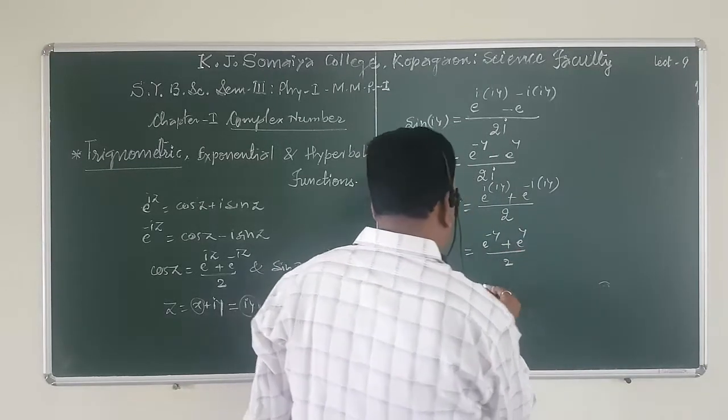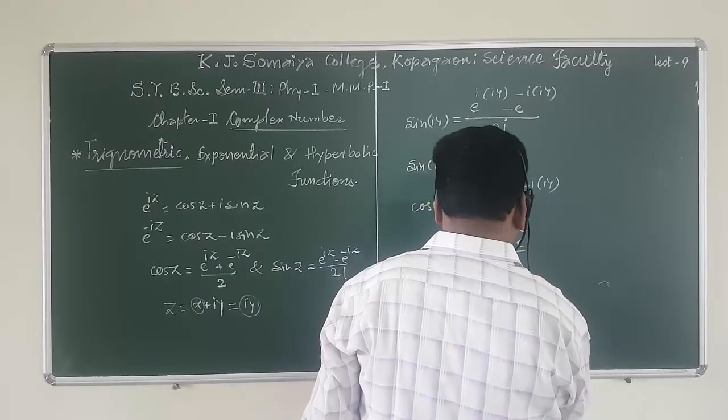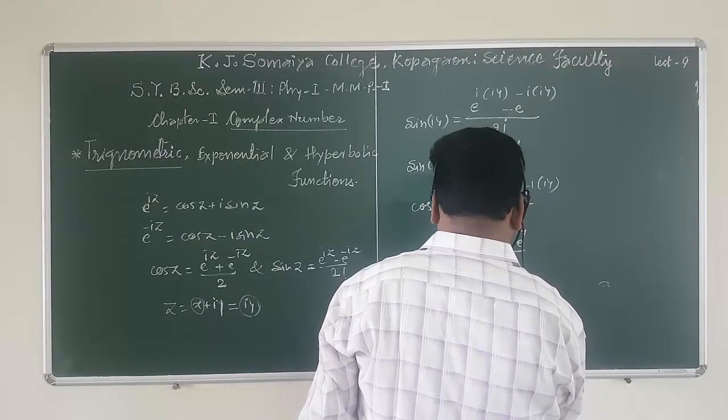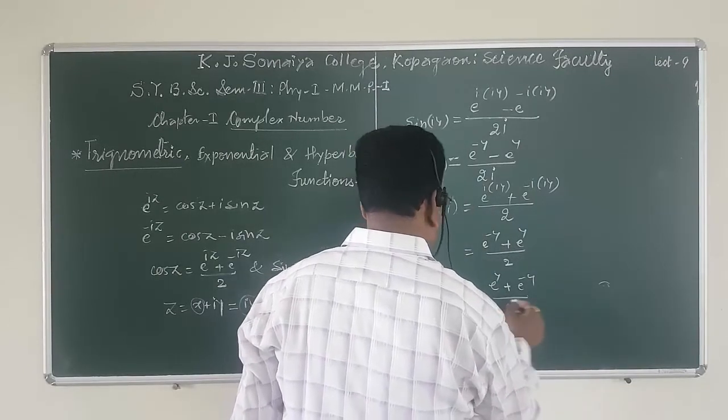Interchanging these two, we can write e raised to y plus e raised to minus y upon 2, and this is the value of cos iy.